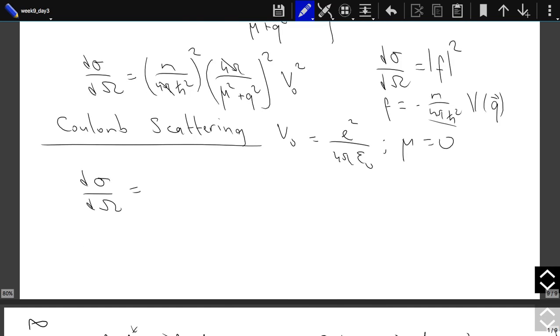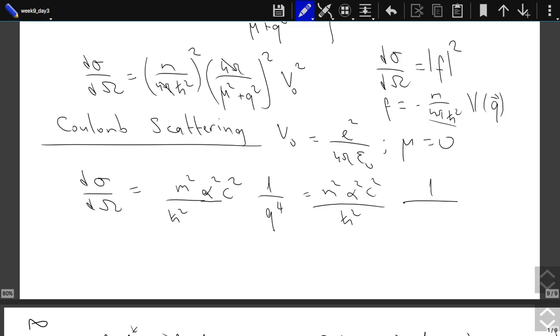So let's see, what we have is m squared over h bar squared, e squared over 4 pi, or let's say alpha squared c squared, and 1 over q to the 4, which is m squared alpha squared c squared over h bar squared.